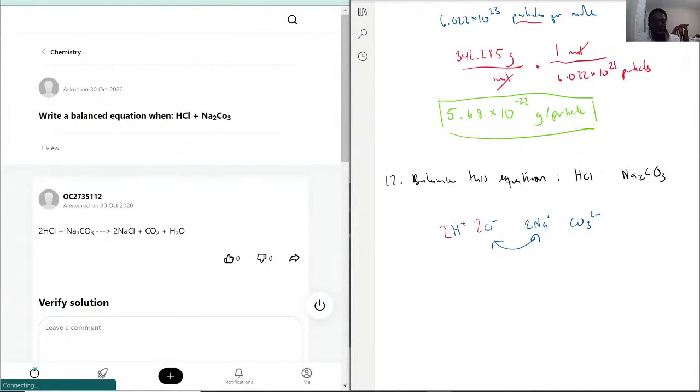Now in regards to the rest of it, if we're making salt, it's going to be the hydrogen carbonate ion. Just trying to figure out what that would mean. CO2 plus H2O.